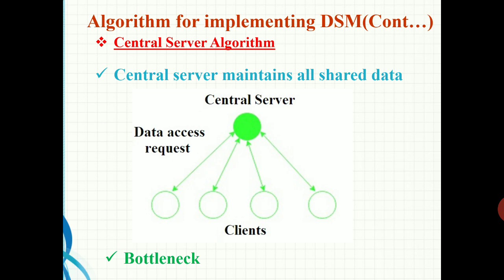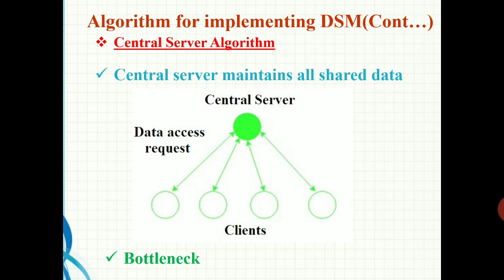In the central server, all the data are maintained by one server, so it becomes a bottleneck. If the central server fails or crashes, the entire system will be in a deadlock situation. So it can be avoided by sharing data among several servers.